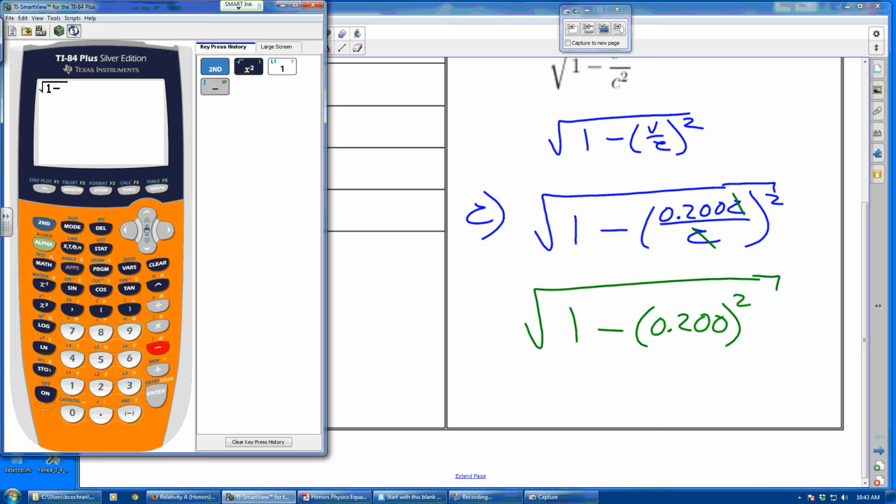Put in the value for v and the value of c from our equation sheet. You just plug it in, and remember they wanted at least 4 sig figs, I think they said.